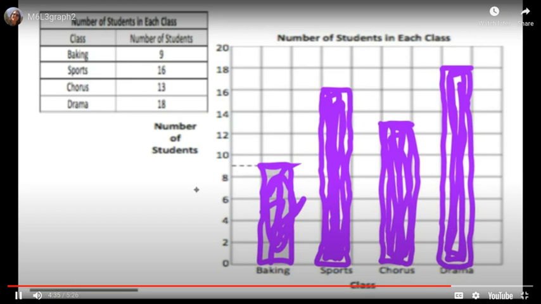But what if my lowest was 9 and my highest was 81. Would counting by 2 still be the best way to represent my information? Or would I have such a giant gap on my bar graph that it would be really hard to number my vertical axis? Okay, so that's something I want you to keep in the back of your head.